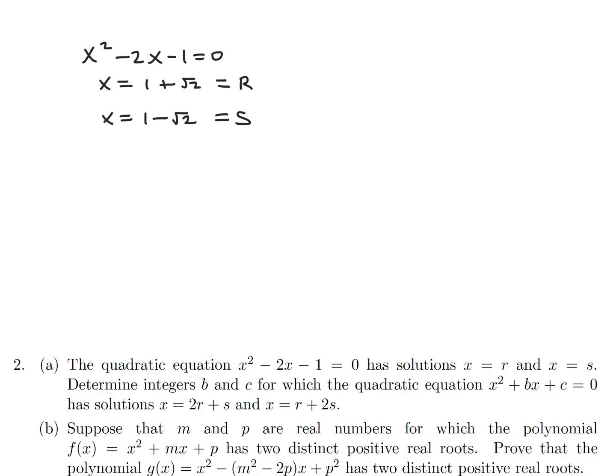Okay, so therefore, let's see here. What are we doing next here? Oh yeah, then we have to concentrate on this x squared plus bx plus c equals 0. Okay, so they're saying for this equation, the roots this time are 2r plus s and r plus 2s.